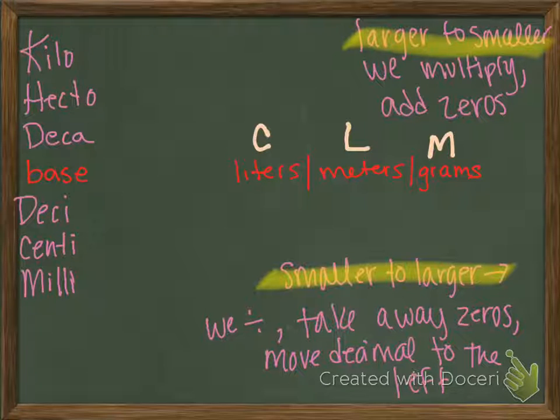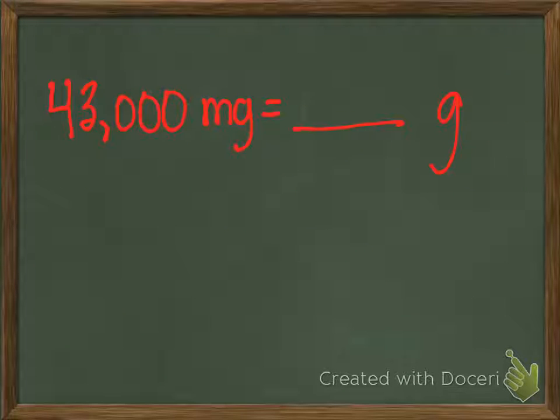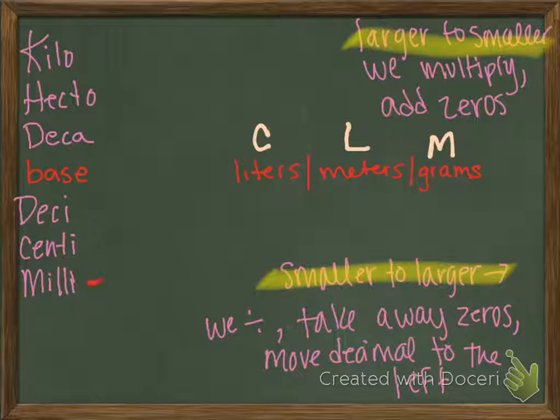So we already just went over converting metric units of length and capacity. Let's do mass, and then you are all finished up. So when we're talking about mass, we're talking about grams. We're going to do it together, 43,000 milligrams to grams. So go back to your chart. We're going from milligrams to grams.